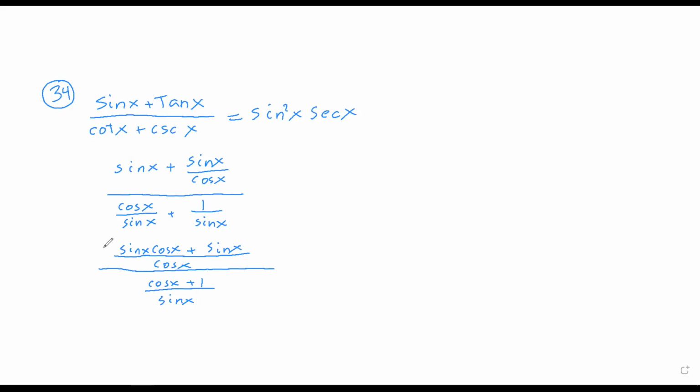We'll do the tortilla law here. That's going to give us sine of x times cosine of x times sine of x.